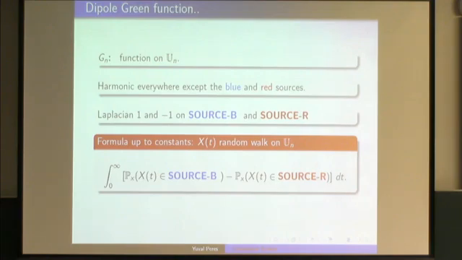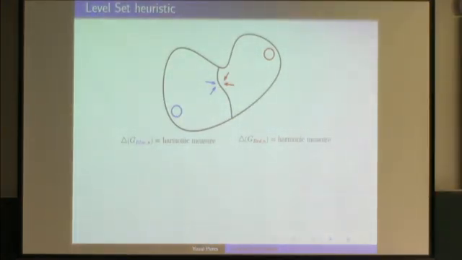The difference decays fast enough in t that this integral does converge, and will give you this dipole green function in the discrete world. In the continuous world, you can write it explicitly, as I'll come to.